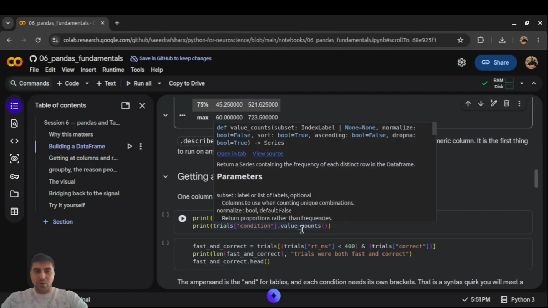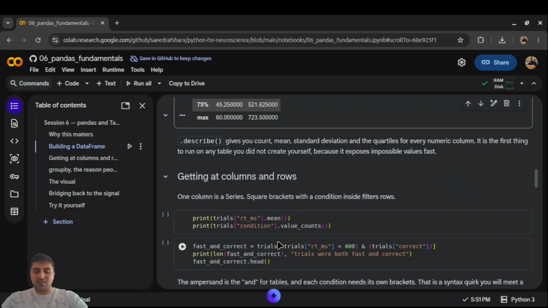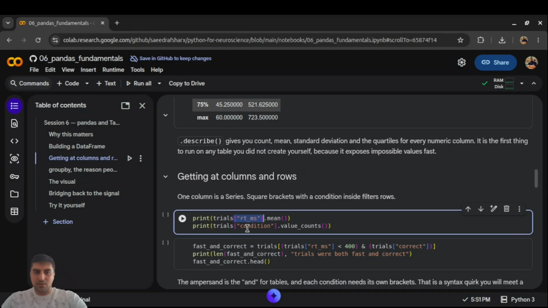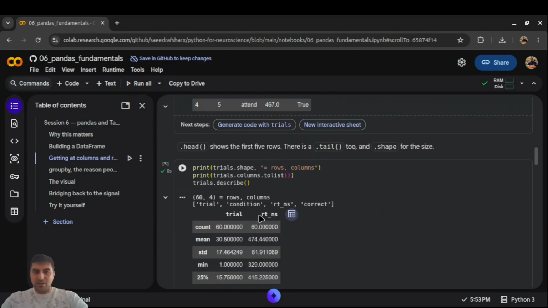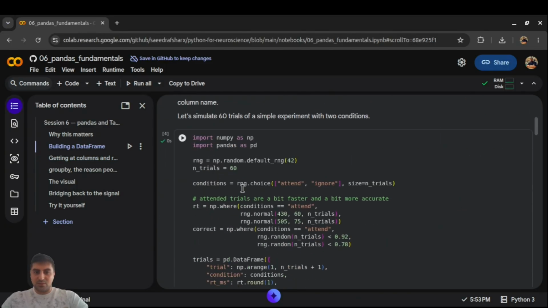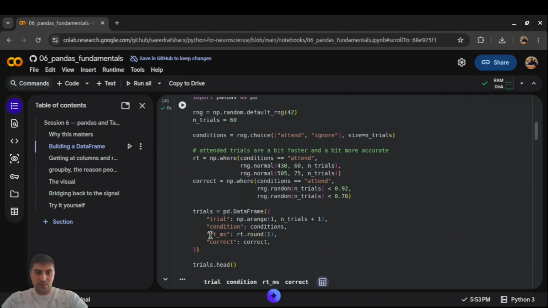One column in square brackets gives you a series, which is basically a numpy array with labels attached, and all the methods from the last session work on it. Let's run it and see what happens. Okay, trials, the dataset, and inside the square brackets, rt underscore ms, which is the reaction time, the column name, which we introduced when we were building the pandas data frame.